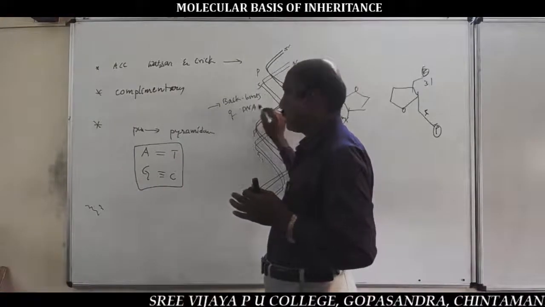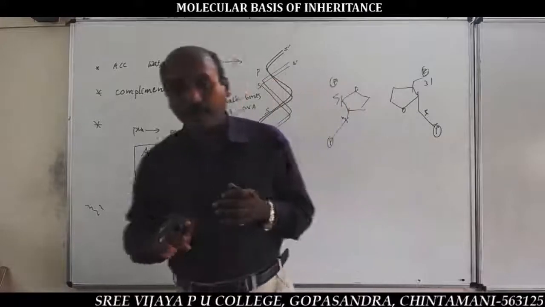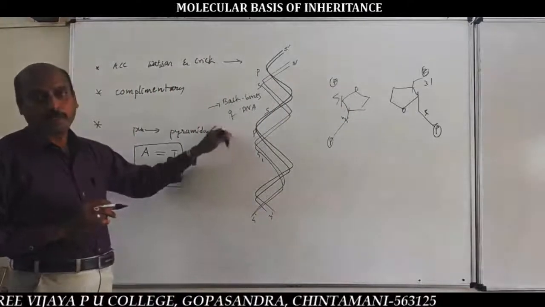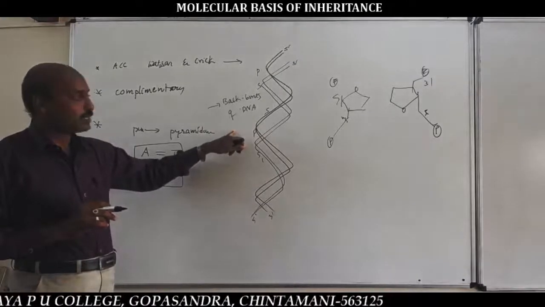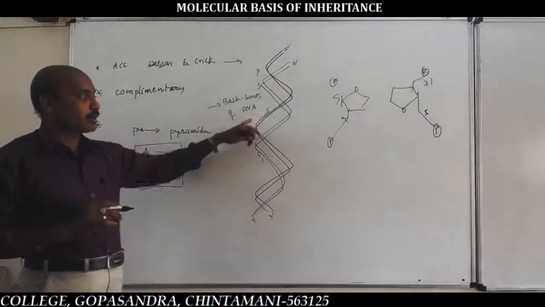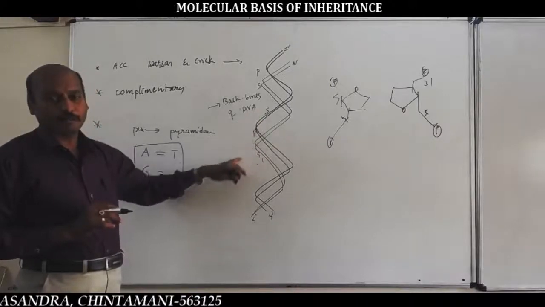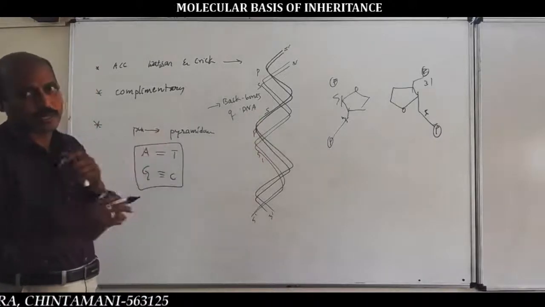One more question: name the backbones of DNA. What are the organic compounds that act as the backbones of DNA? Your answer is the deoxyribose sugar and orthophosphoric acid, or pentose sugar and phosphate group, are the backbones of DNA.